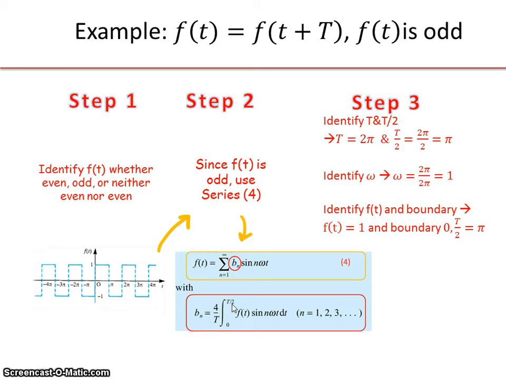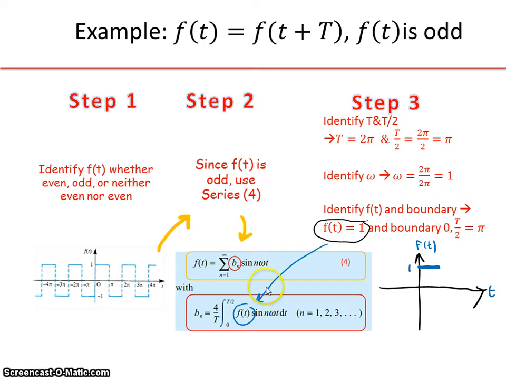So we can define the f(t) equals 1, depending on the boundary of 0 to T over 2. In this case, the boundary from 0 to T over 2 is from 0 to pi, so the corresponding f(t) is 1.